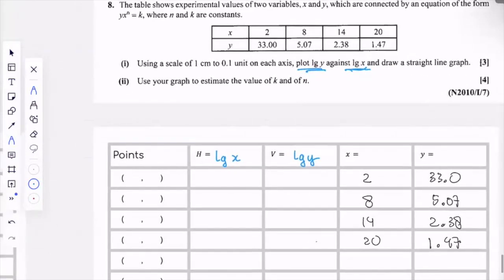First, we do the x first. Log 2, you get 0.301. Log 8, you get 0.903. Log 14 is 1.15. Log 20 is 1.3.